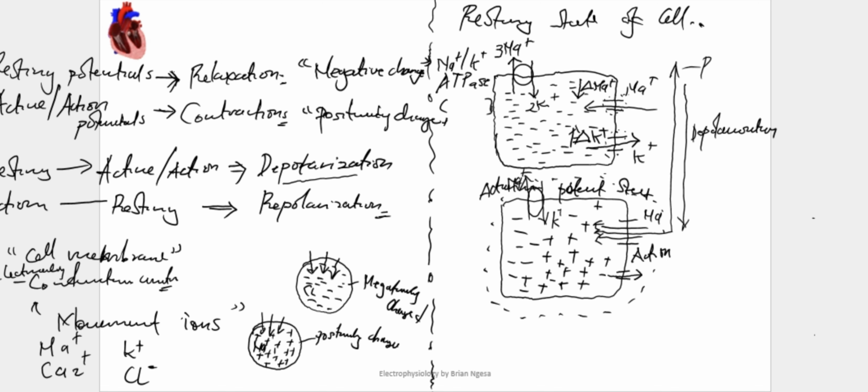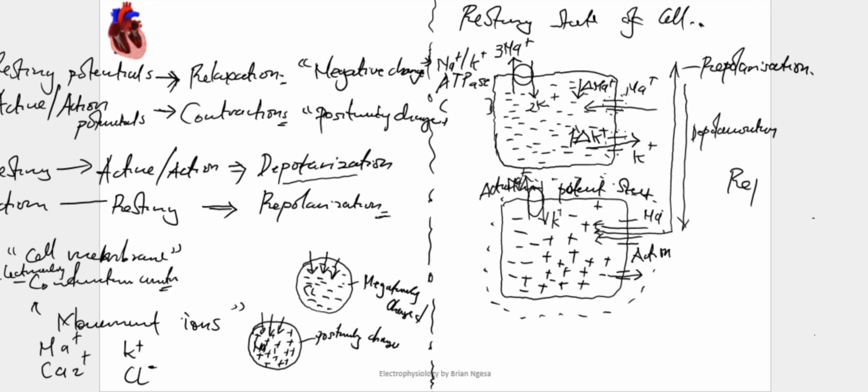This will become the repolarization. So maybe to put it into context, how do we transition from a state of action potential into a resting potential, at least using these ions? So in a repolarization state, what happens?